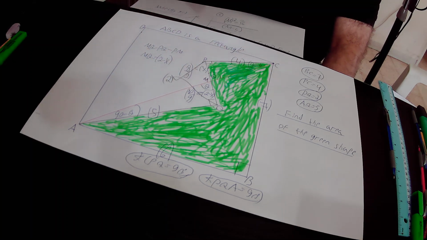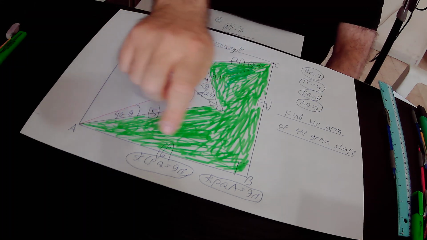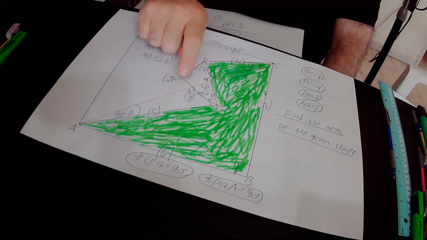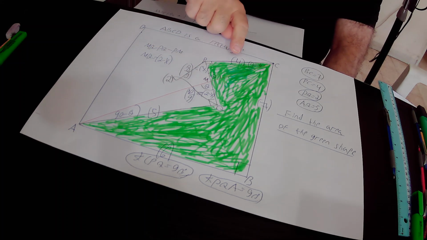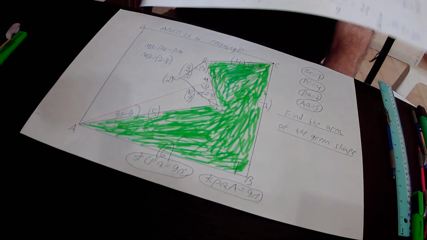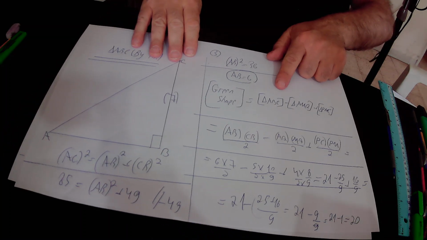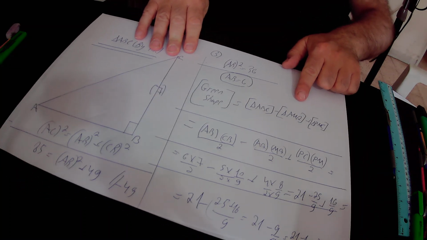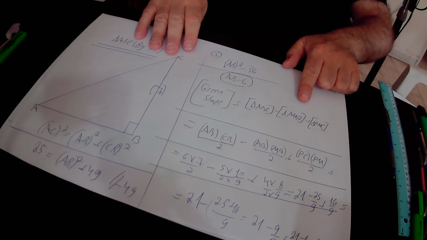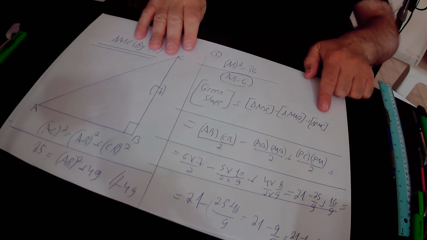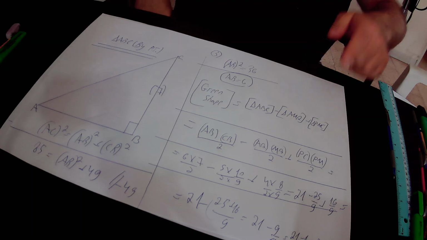So in conclusion, the area of the green shape equals the area of the big right triangle ABC minus the area of this white right triangle AQM plus the area of the small green right triangle PCM.